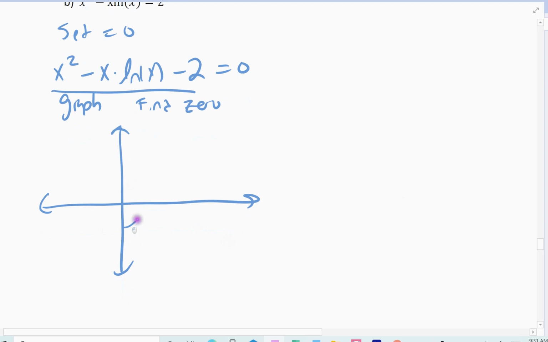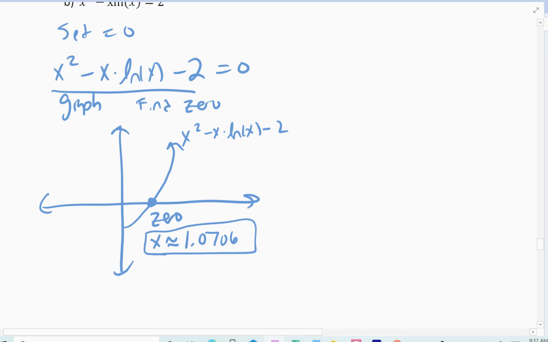So it comes up like that. That's the graph of x squared minus x times natural log of x minus 2. We're looking for the 0. So you hit second trace, 0. Left side, right side, guess. When you do that, you go to the left of that point, the right of that point, and you hit guess. It should come out 1.0706 as the answer. All right, that's using the 0 method.